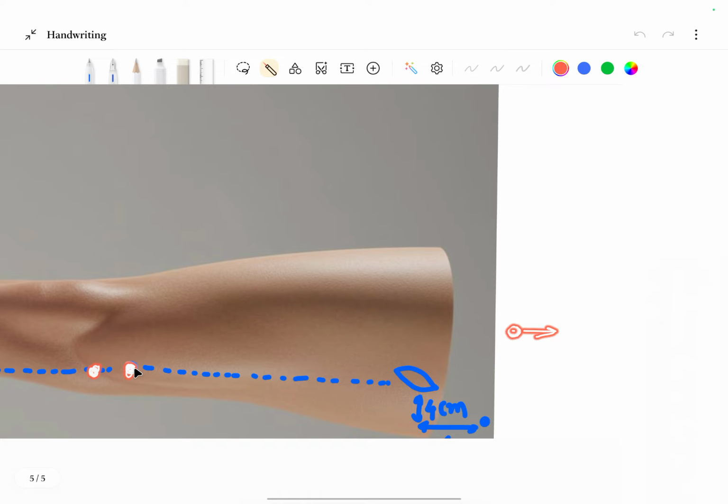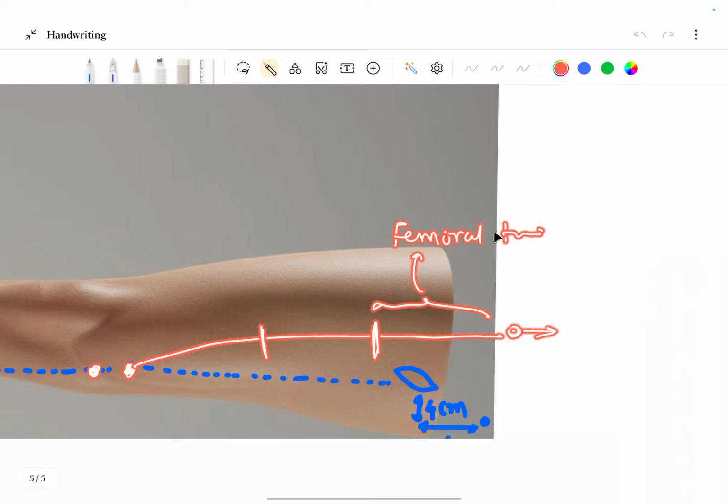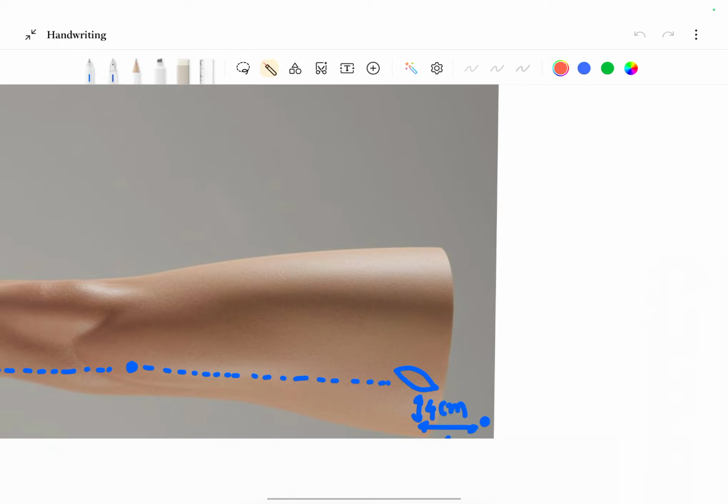So this will be your femoral artery. Let us divide it into three parts. The upper one-third shows the femoral artery in the femoral triangle. The middle one-third shows the femoral artery in the adductor canal. It's clear to all of you.